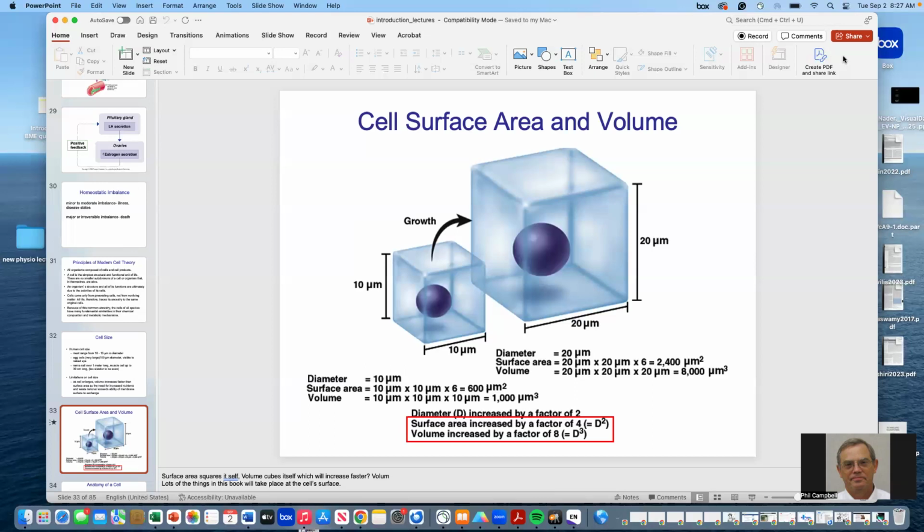That's 8,000 microns cubed. So there's this disproportionate increase of volume versus surface area. And this all has to do with transport. That makes it harder to get things in and to get things out of that cell. All right. So this is one of the reasons why we don't have millimeter-sized cells in the human body, because transport becomes very, very difficult, right?